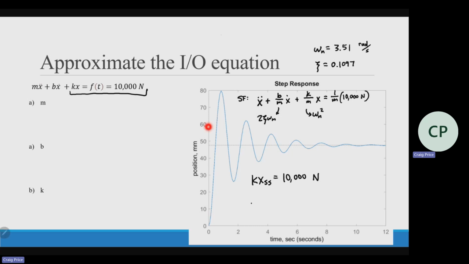Therefore K is equal to 10,000 newtons divided by my steady state value, which we said was 0.048 meters. And so our K value should be 208,333 newtons per meter, or you could say 208 kilonewtons per meter.